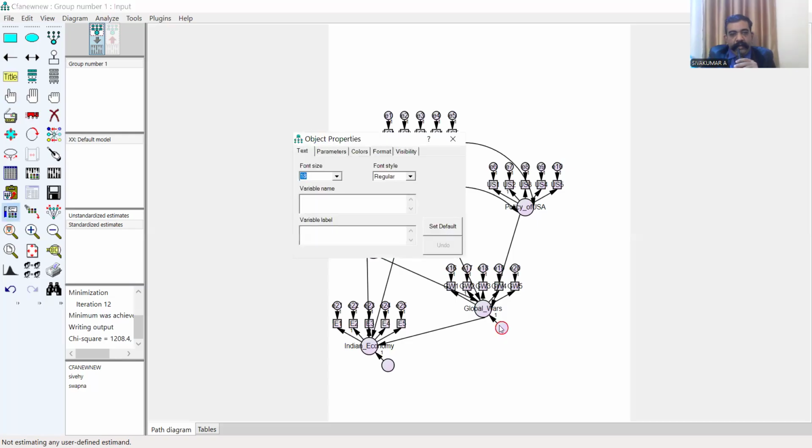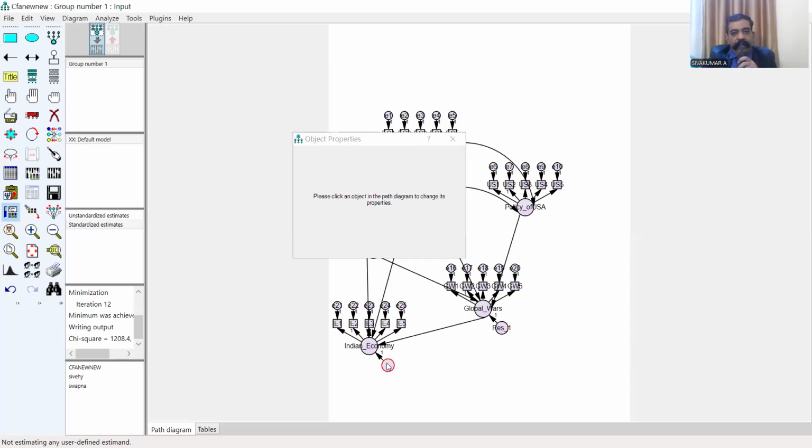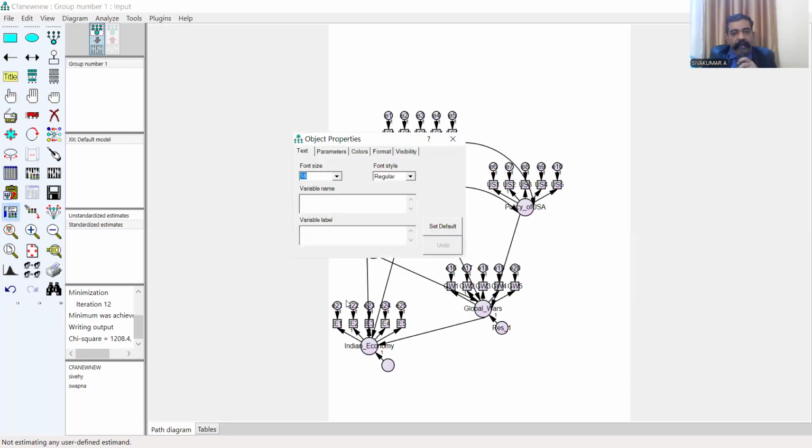Normally, we give a name such as RES underscore 1 for the first and RES underscore 2 for the second.